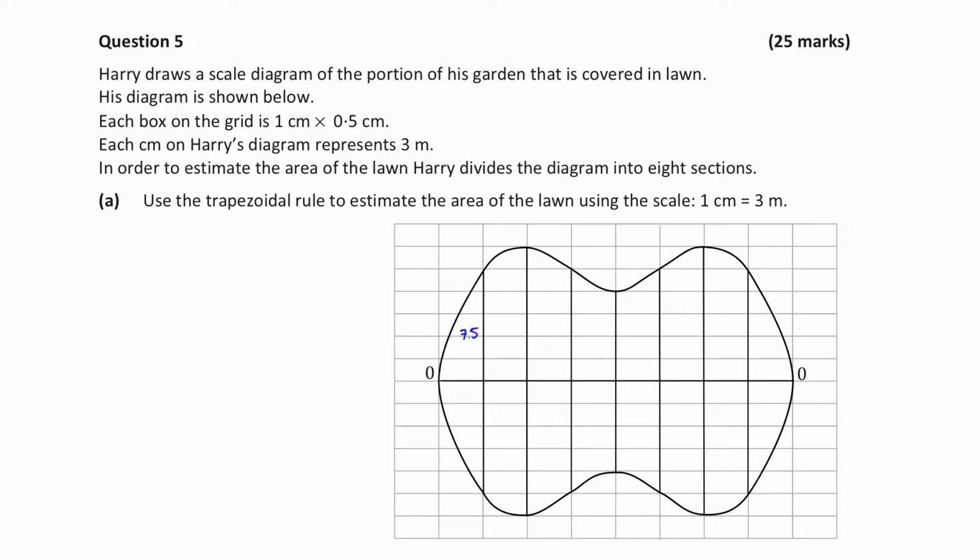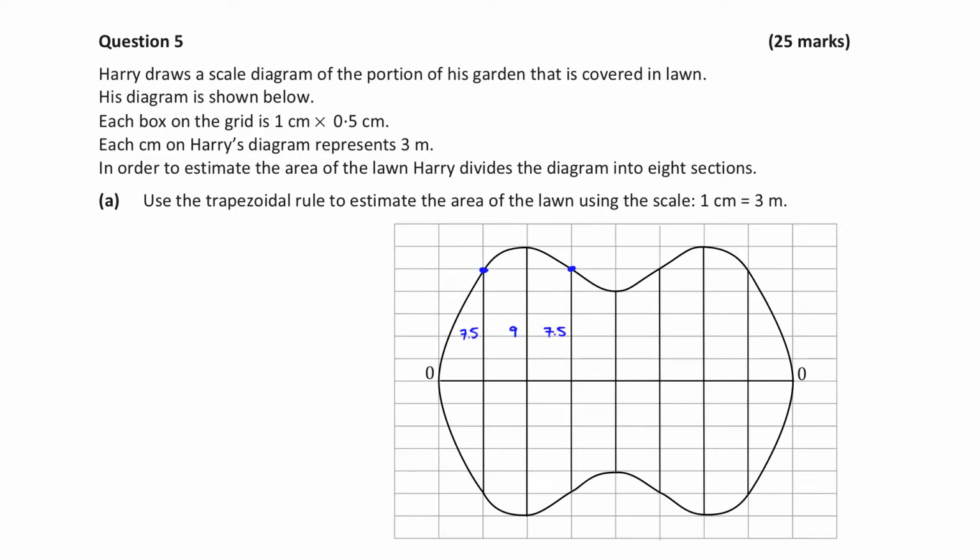Okay, the next one. If this is equal to 3 again, this is equal to 3 again, that's 6. And if this is equal to 3, we've got a total of 3, 6 and 3, which is 9. The next one is the same height as the first one, so it's going to be 7.5 again.